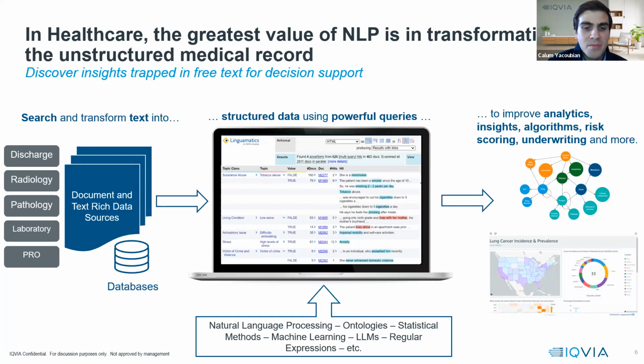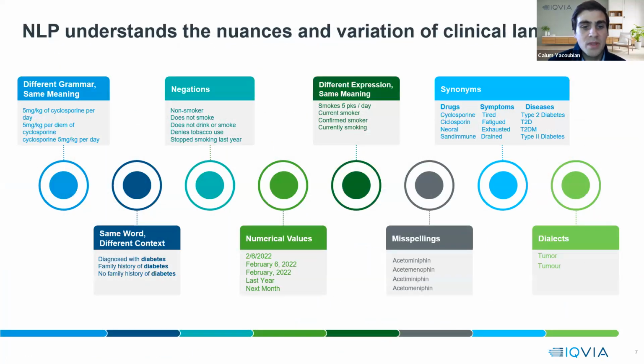So within healthcare, that means it has to take account of the various vagaries that exist within clinical documentation. Healthcare data itself, unstructured data, is very complex compared to many other places in which NLP is applied. We see lots of natural language processing applied in scientific literature, in publications like the Wall Street Journal.